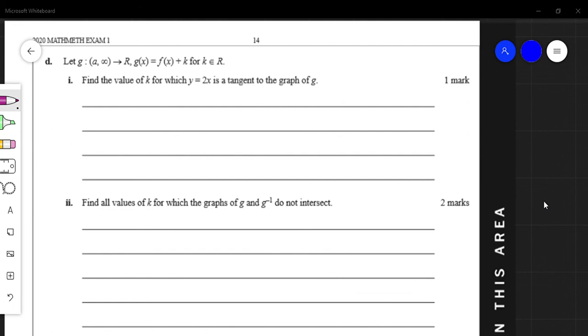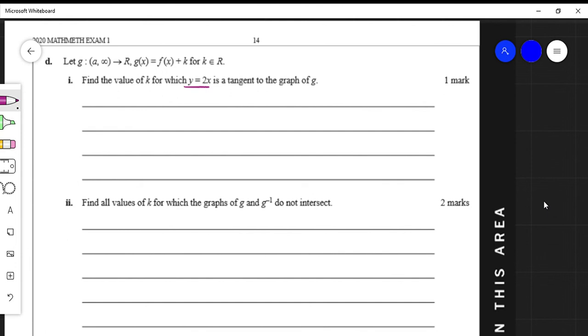So the gradient is the same. The y equals 2x has a gradient of 2, and that means that our graph of g must also have a gradient of 2. So g dash, the k just goes away because it's a constant. So g dash is natural log of x plus 1, just like we found before for f, equals 2.